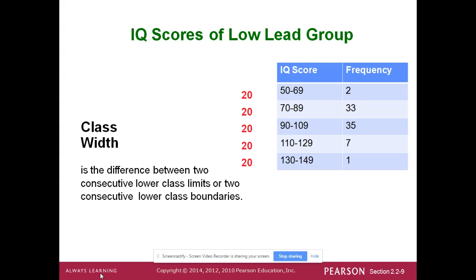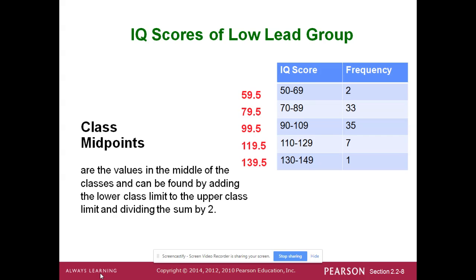Class width is the difference between two consecutive lower class limits, so 70 minus 50, that's where the 20 is coming from. Okay, so it's the difference between two consecutive lower class limits or two consecutive lower class boundaries.